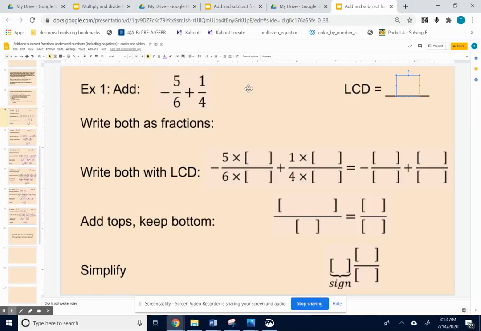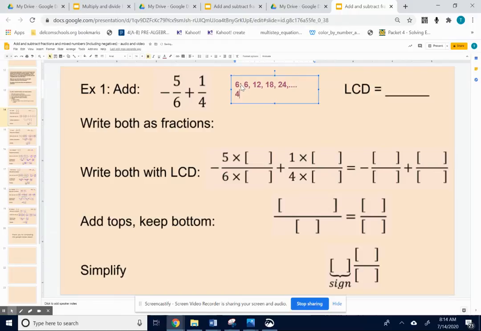You don't need to do what I'm going to do right here, but I have a text box sitting here. If you would like to count by 6s and count by 4s and find the least common denominator that way: if I count by 6s, 6, 12, 18, 24.